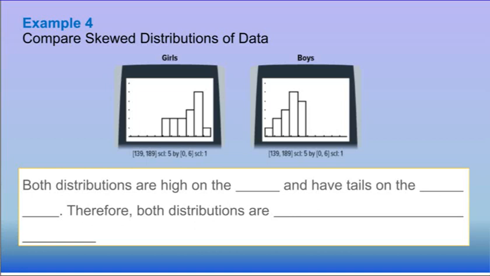Both distributions are high on the right and have tails on the left. Therefore, both distributions are skewed, and these we would say are skewed negatively.